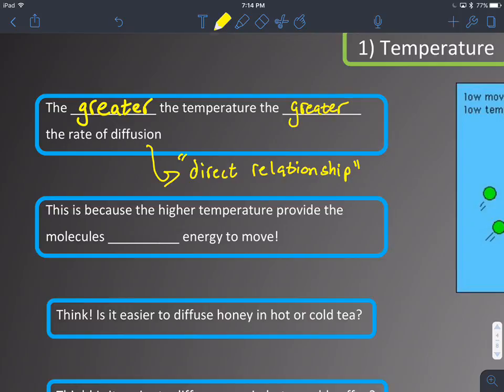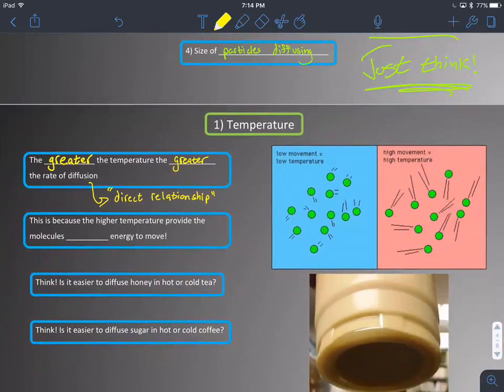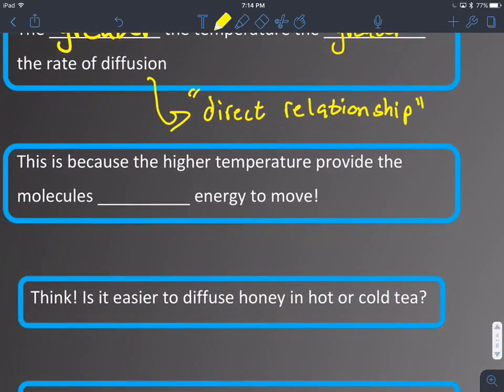All right? Now, what I want you guys to think about is pretty simple, right? When things are warmer, they actually have more energy, right? They're able to move faster. Okay? And so the higher temperature provides the molecules more energy to move. This is something, again, if we use common sense, it just makes sense.